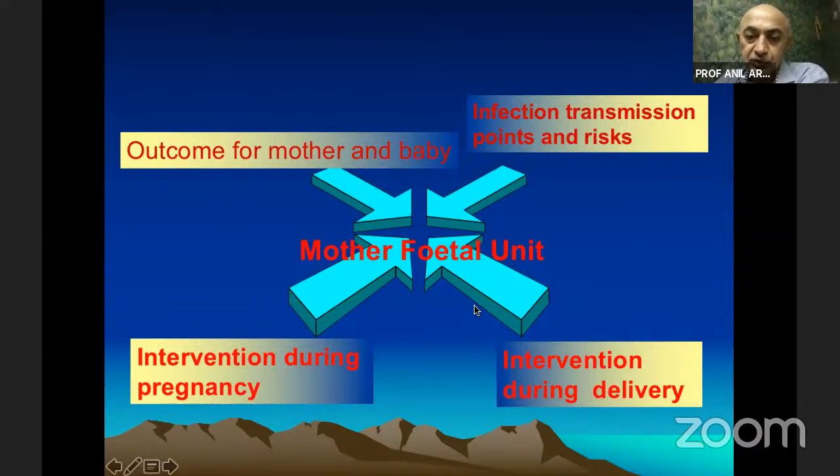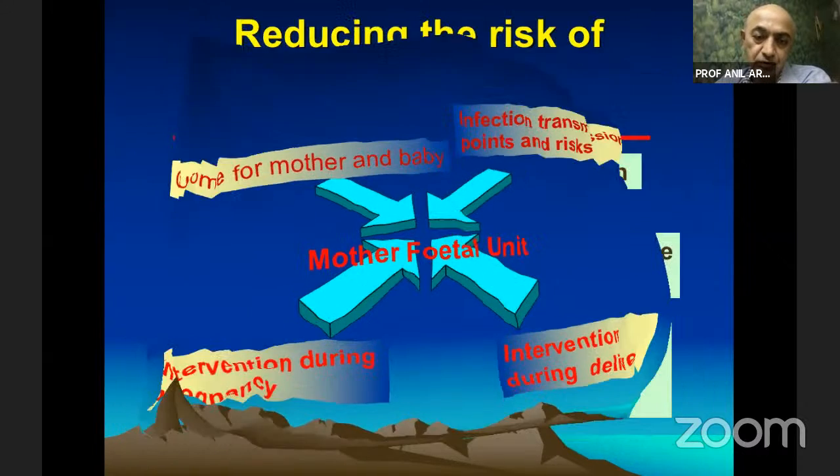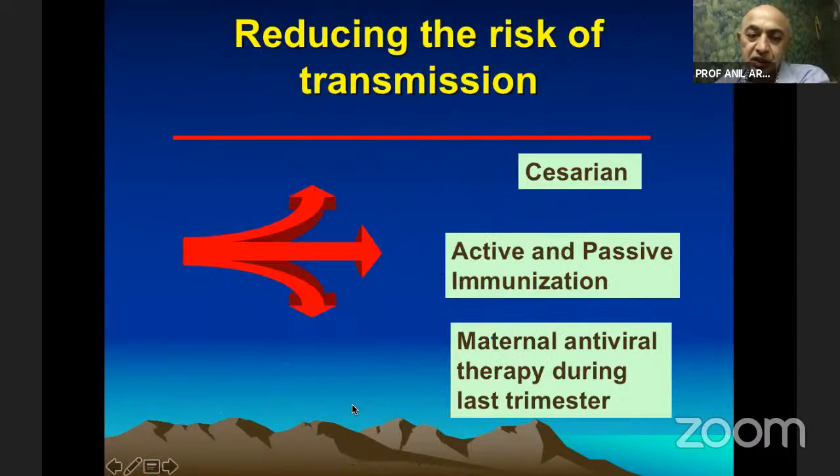So any intervention which is to be done during pregnancy can lead to more spread of the infection to the baby. So we recommend all pregnant women should be screened for hepatitis B, and those who are positive for hepatitis B, if they have a high viral load, should be given antiviral treatment, which I'll be coming to shortly. And the pediatrician has to be ready both with hepatitis B immunoglobulin and vaccination to prevent this baby who gets infected right at birth.